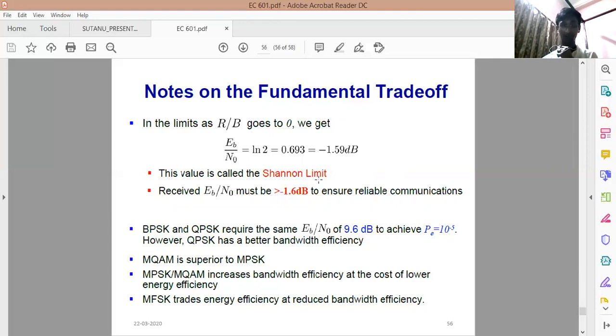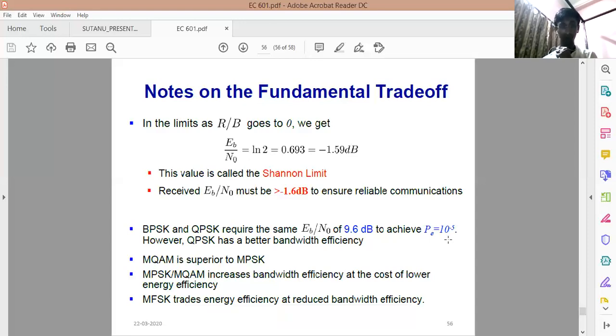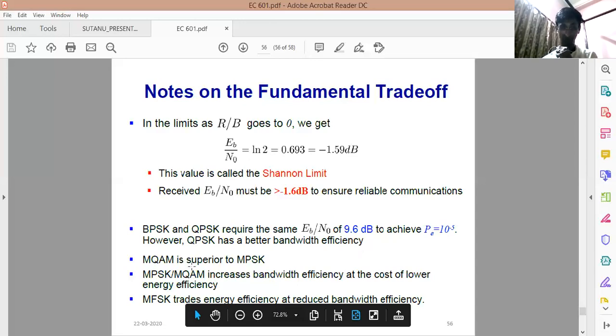We know that MQAM is superior to MPSK. BPSK and QPSK require the same Eb/N0 to achieve the same probability of error. QPSK has a better bandwidth efficiency. MPSK and MQAM increase bandwidth efficiency.